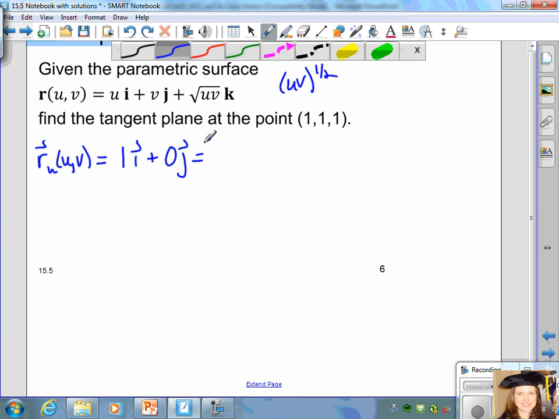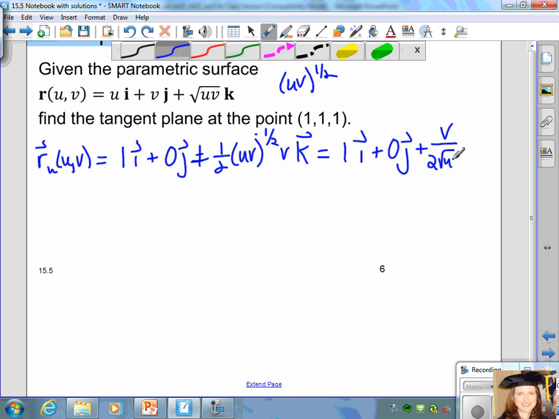So when you take the partial derivative with respect to u, using the chain rule, it's going to be 1/2 of uv to the negative 1/2 power times the derivative of what's inside with respect to u. The derivative of u times the constant v is going to be v. It's going to be your k. When you simplify this, you get 1i plus 0j, I'll go ahead and write that anyway, you don't have to, plus v over 2 square root of uv k.